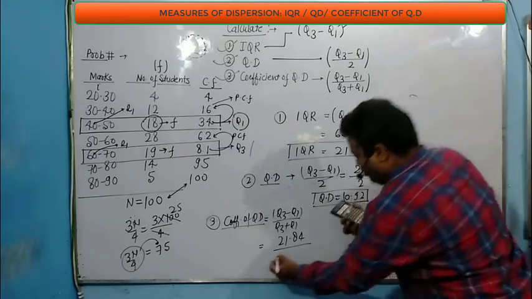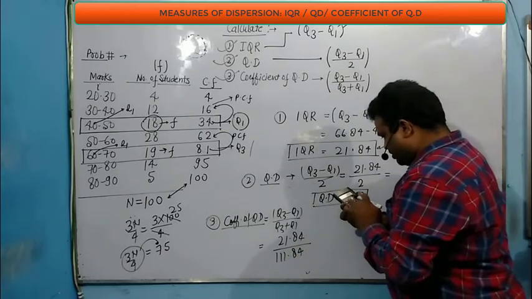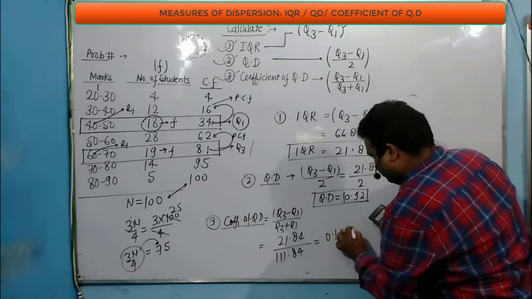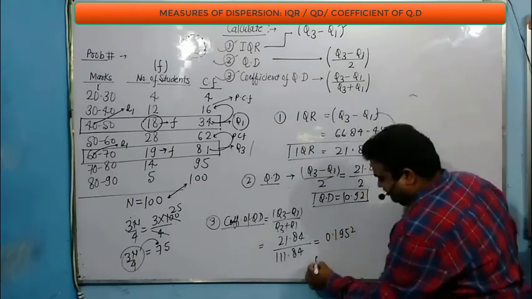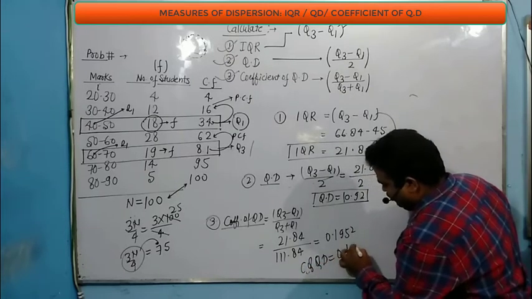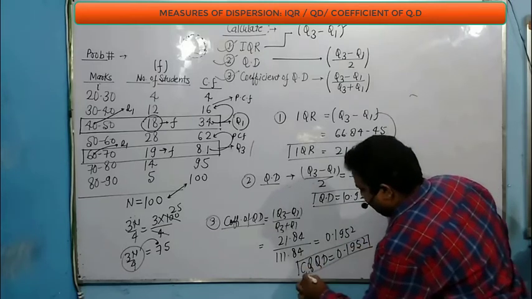So you will get 111.84, and once you divide this value, you will get 0.1952. So my coefficient of quartile deviation value is 0.1952.